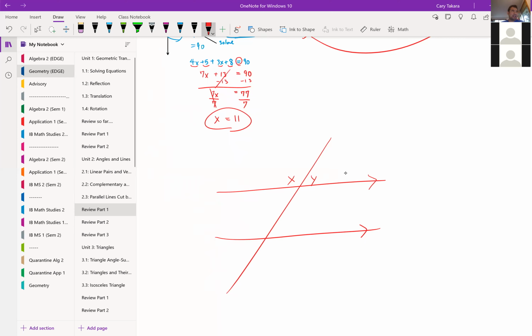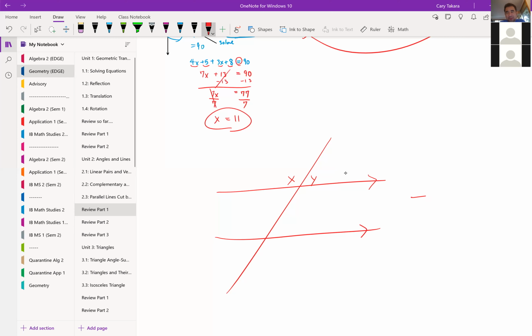Now I'm going to throw you some trick ones here. What would you call that? What do you guys think? Anybody, any taker on this one? Same side. Now, if you say same side, it's the same side of a transversal.